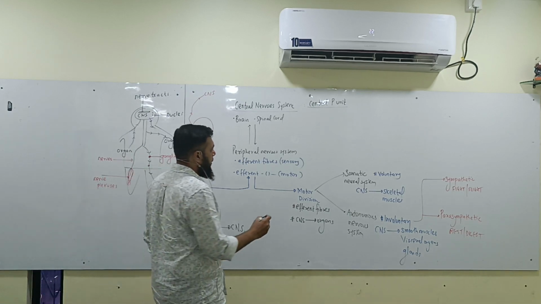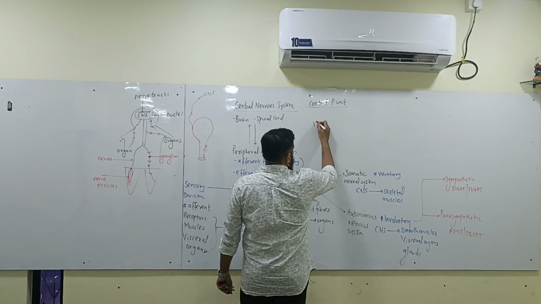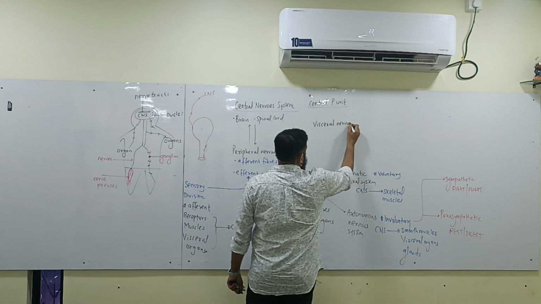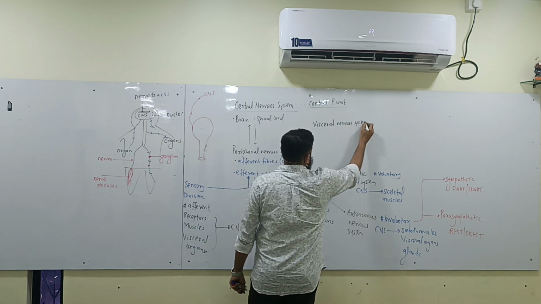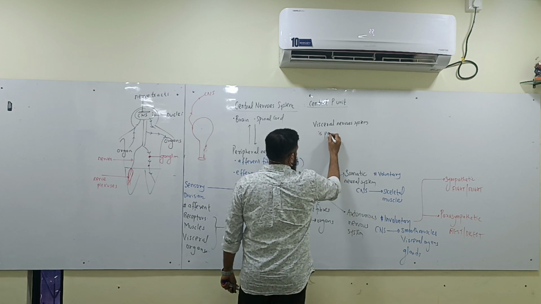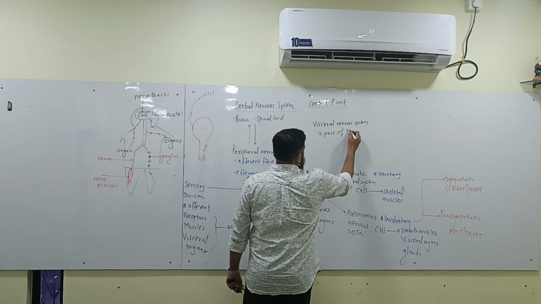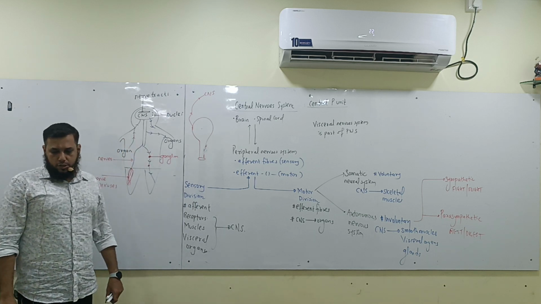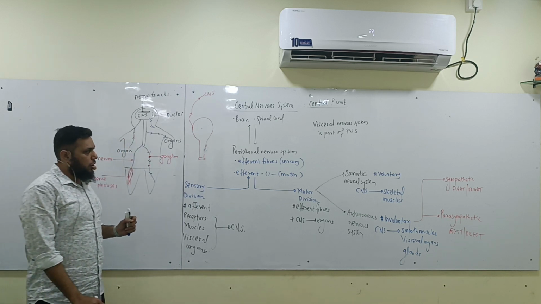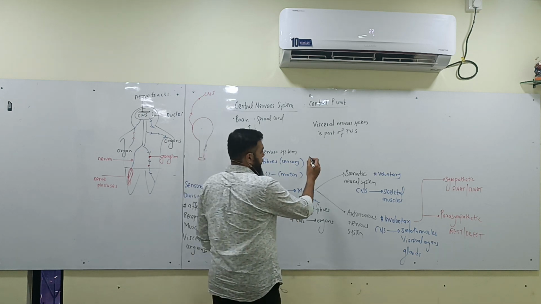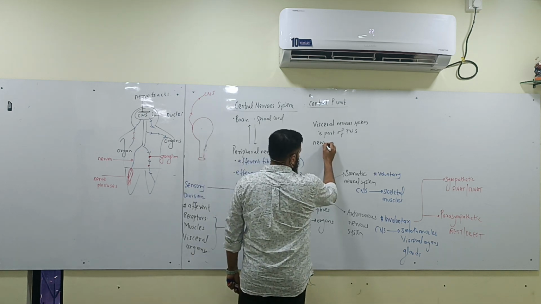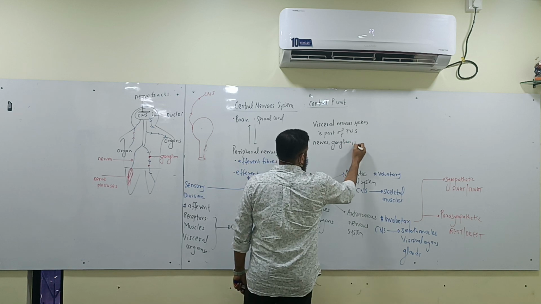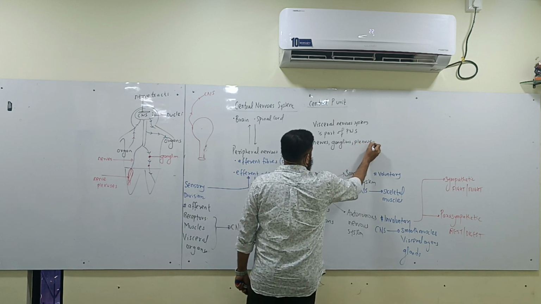NCERT says that the visceral nervous system is a part of peripheral nervous system, and this visceral nervous system consists of nerves, ganglions, and plexuses.